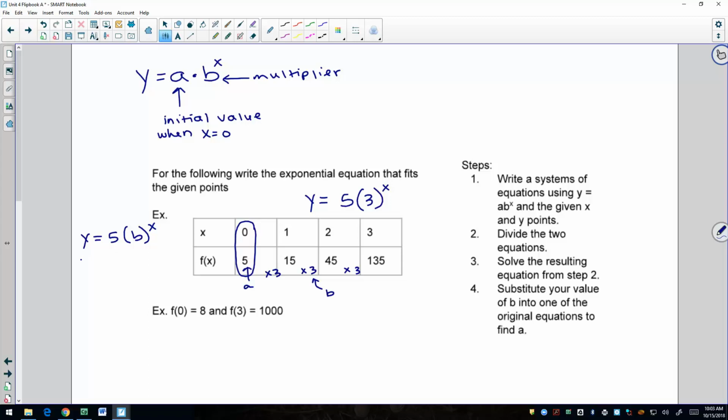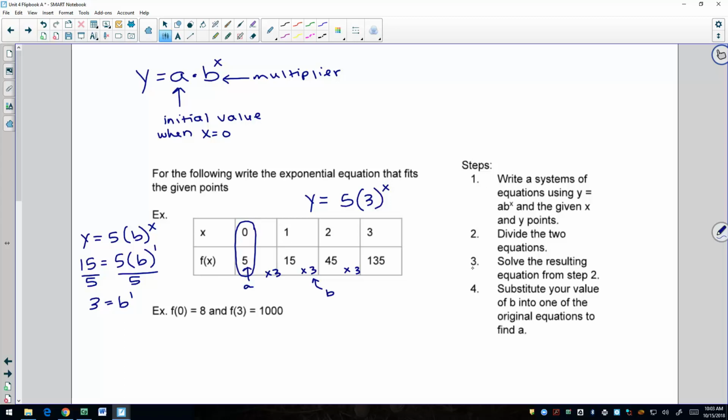So I'd plug in 15 for y. I'm trying to figure out what b is, so I don't know what b is, and x is 1. So now you're going to get b alone. Remember, get rid of anything that's added or subtracted first, then multiplied or divided, then exponents last. So you would divide both sides by 5. So that's 3 equals b to the first. Well, you don't need to get rid of a 1, so b is 3, which is what we got anyways.